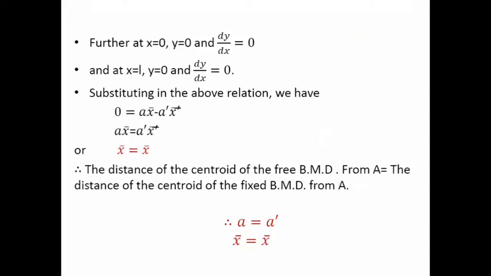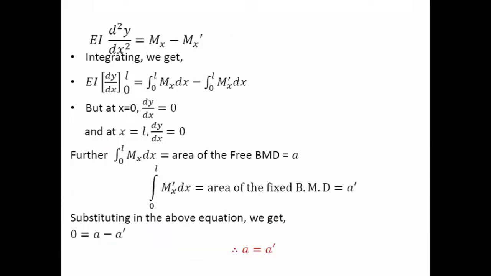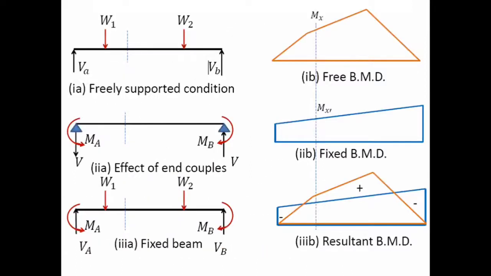Making use of these two results, in the next lecture we shall solve fixed beams, that is, how to analyze statically indeterminate fixed beams by the strain energy method. So you might ask, where have we used the concept of strain energy? These bending moment diagrams we have equated here.